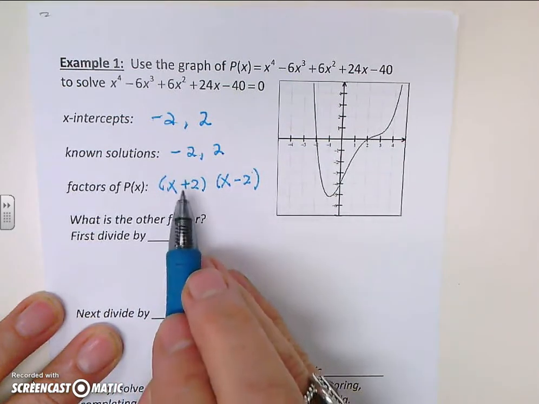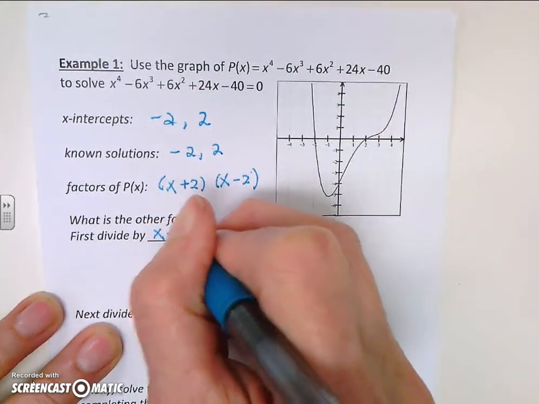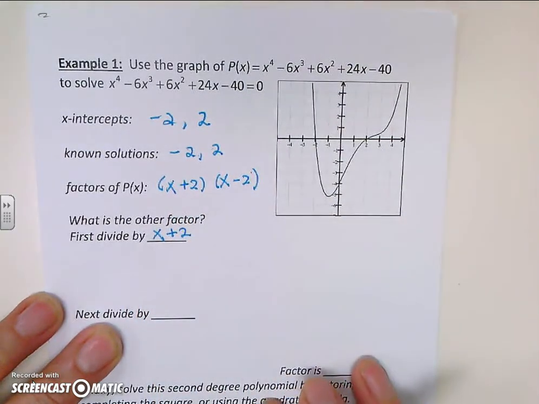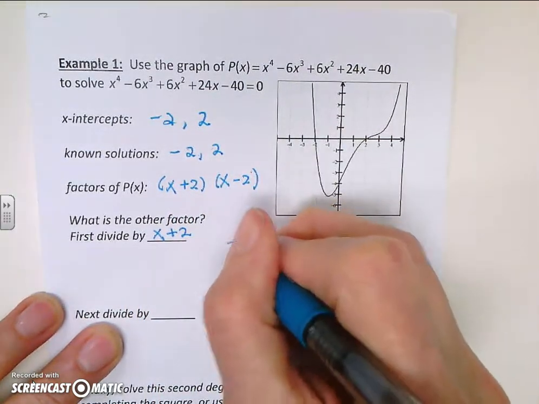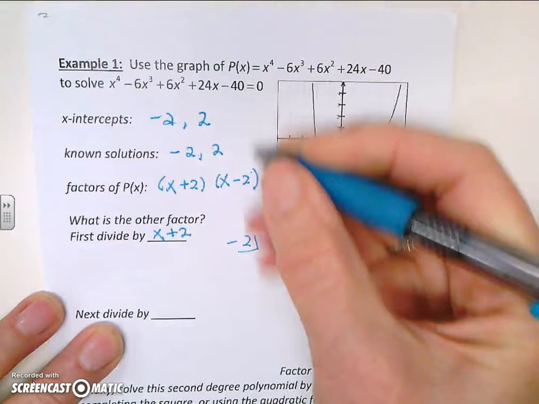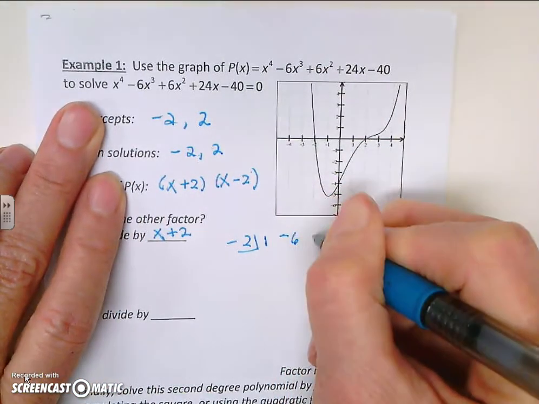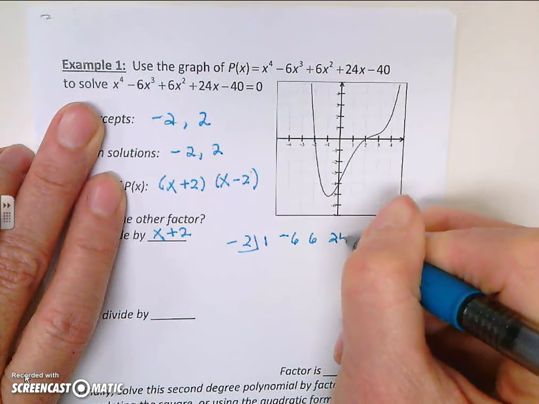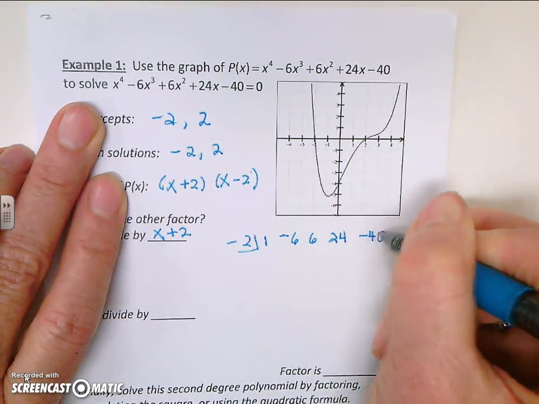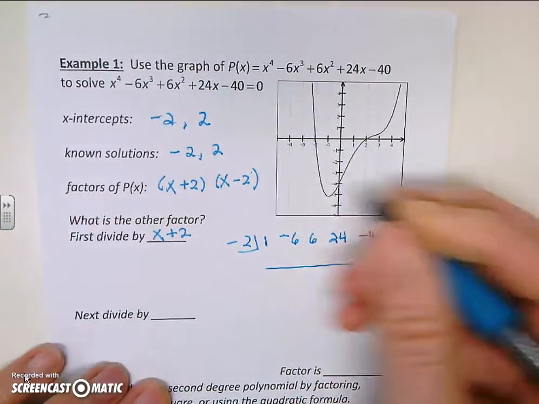So first, we're going to just divide by x plus 2 using synthetic division. So we'll have -2, and we're going to put in the coefficients up here, 1, -6, 6, 24, and -40, and then do our division.